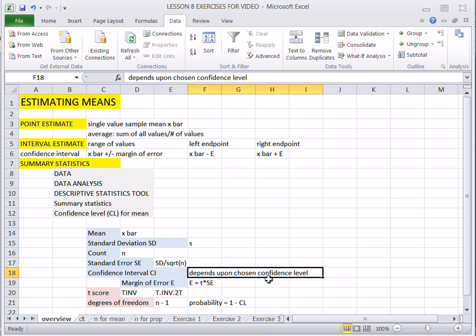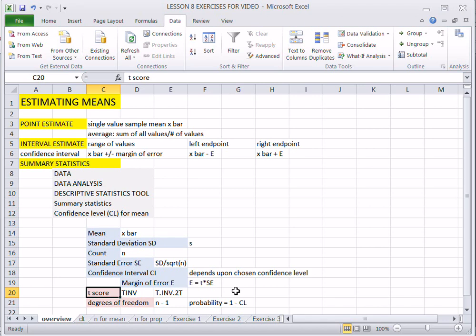This margin of error depends upon the chosen confidence level. We're going to usually use 95%. That's the most common. And the margin of error, though, is actually computed by multiplying something called a T-score with the standard error. The T-score is actually not part of the output. We will be discussing what it is and where it comes from.